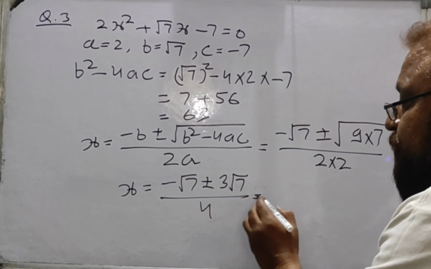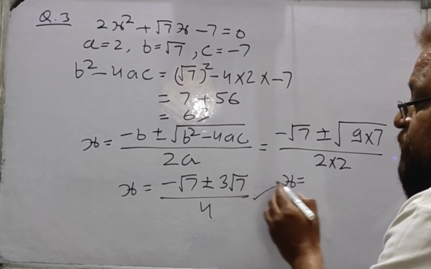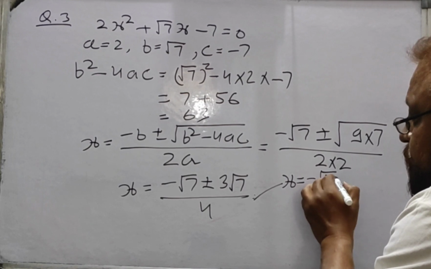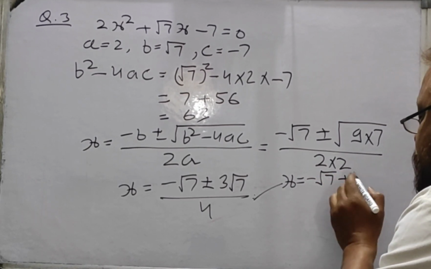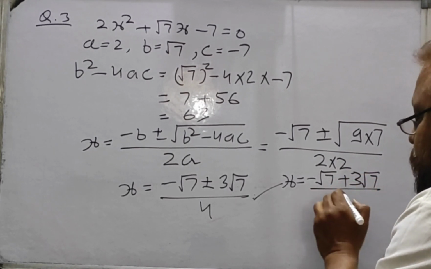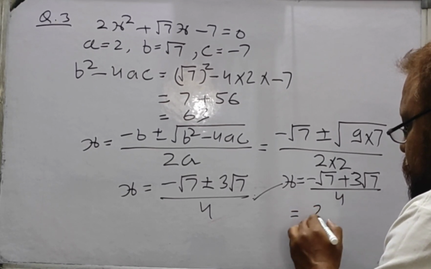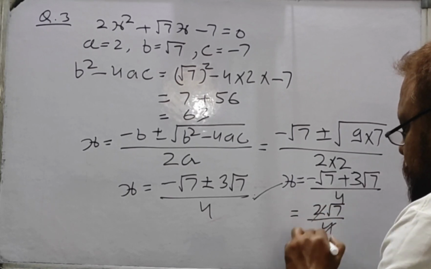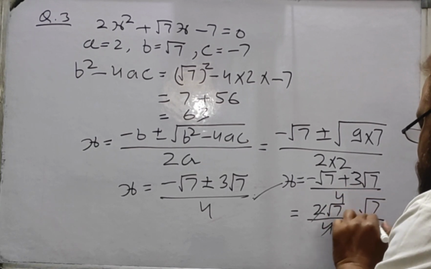If we take the plus sign, minus root 7 plus 3 root 7 upon 4, it becomes 2 root 7 upon 4, so it is root 7 by 2.